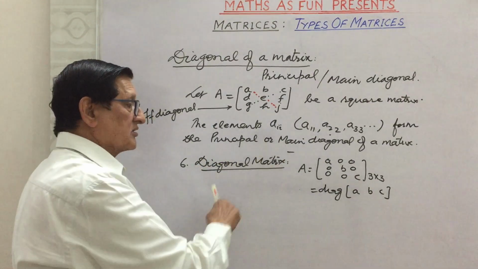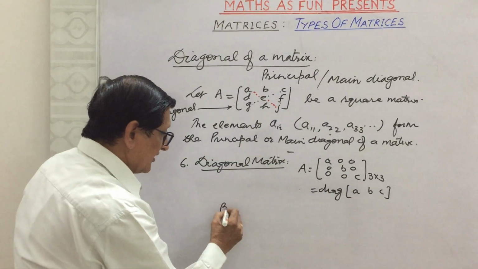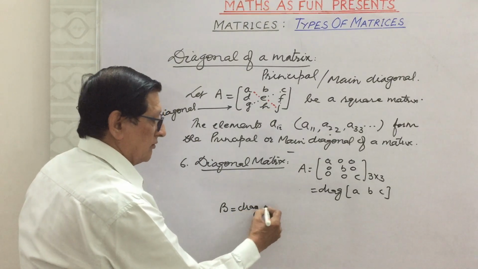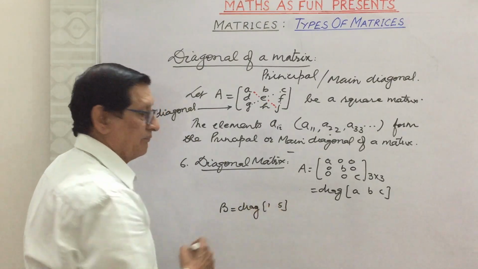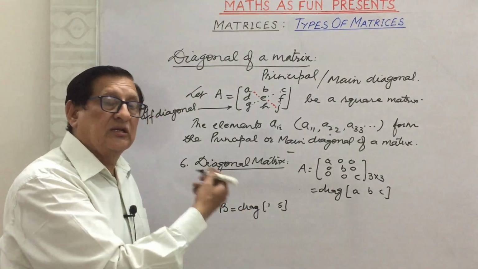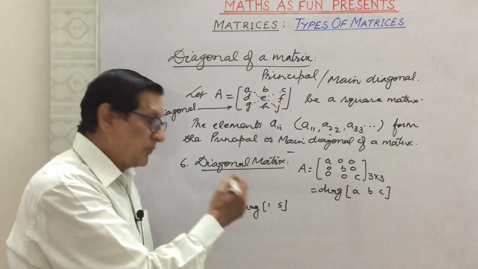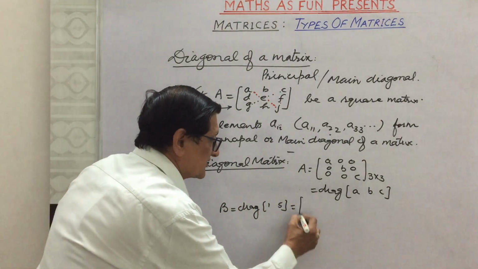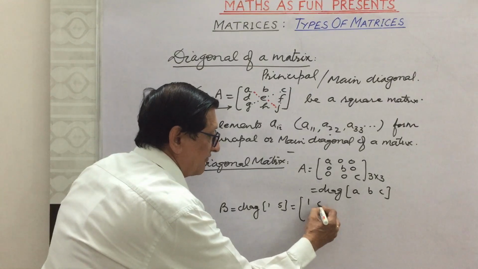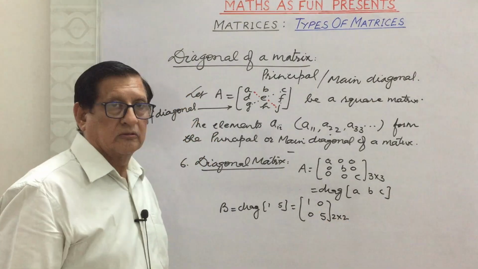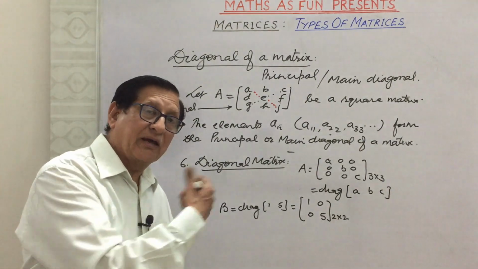We can also write this another way. Suppose we are given a matrix B and it is given as diagonal 1, 5. There are only 2 elements in the diagonal. So we say it is of order 2 into 2. Suppose we want to show it in the expanded form, then this can be written as 1, 5, 0, 0 of order 2 into 2. So how we can define a diagonal matrix?